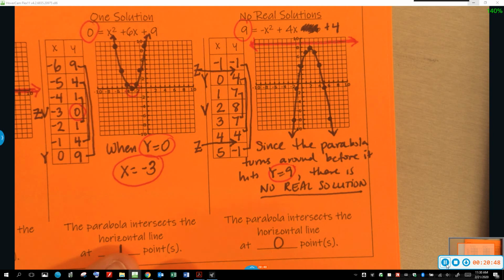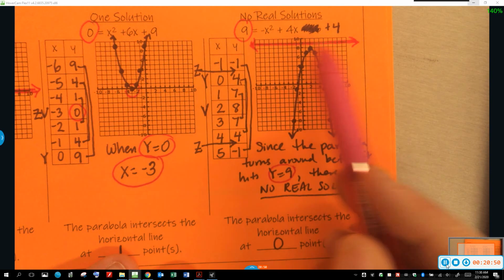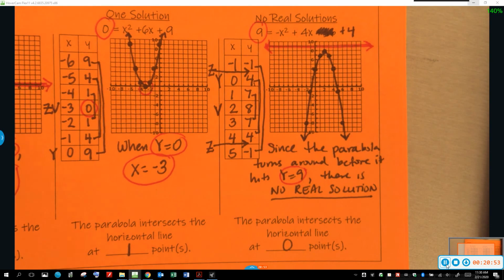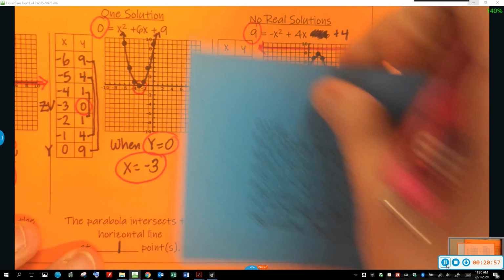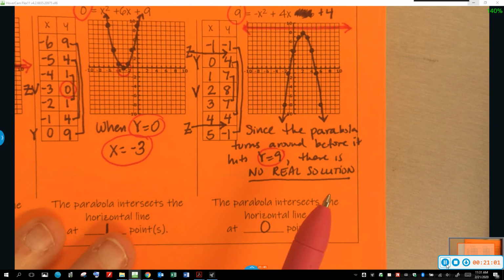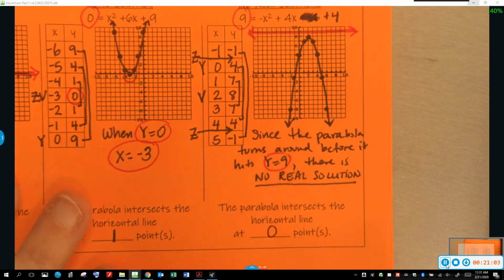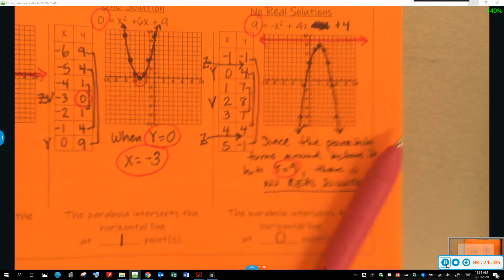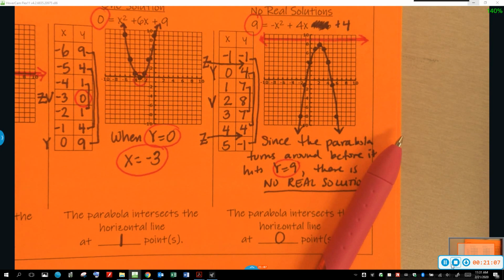So a graph is the only time you're really going to do this, because we can physically slide a ruler or a straight edge or a piece of paper up to show us what happens when it crosses that point. Okay, what questions can I answer about this? You think no questions? We're good? Yeah.